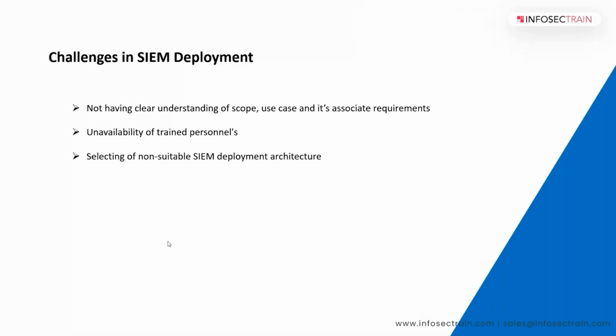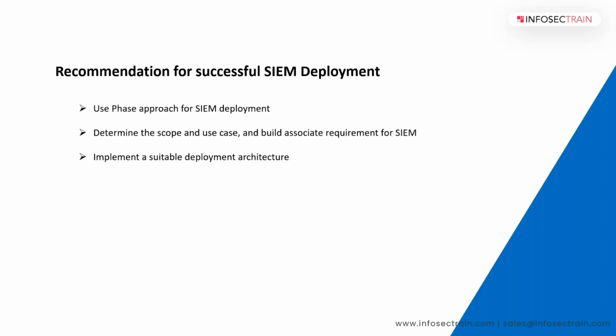Okay, now what will be the recommendation to deploy a successful SIEM? Here are a few recommendations for having a successful SIEM deployment. First thing: use a proper phased approach for SIEM deployment. Determine the scope, determine the use case, and build the associated requirements. Understand the scope and your requirements. On the basis of those requirements, build a SIEM solution architecture out of it.